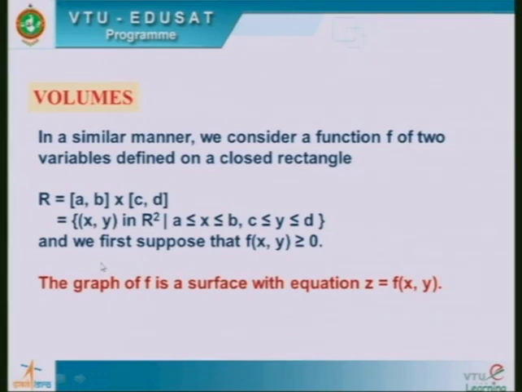Now we have to assume that f(x,y) is positive here. When you substitute x and y, the function gives values greater than or equal to 0. That is our assumption. And what is the graph of f? In the definite integral case the graph was a curve.